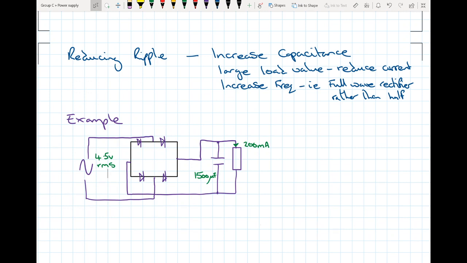Okay, so we've got this circuit here, 1500 microfarads, we've got 200 milliamps flowing through our load, and we've got 4.5 volts RMS. So the first thing we want to do is calculate what the ripple voltage is.